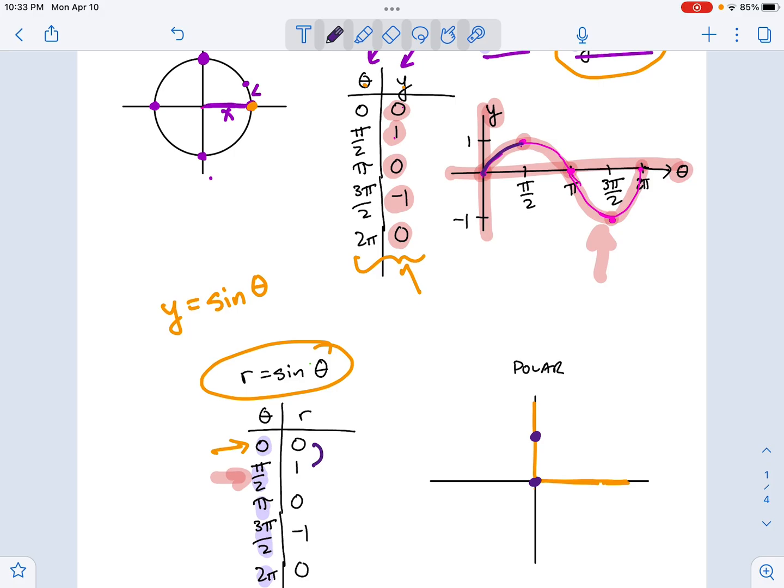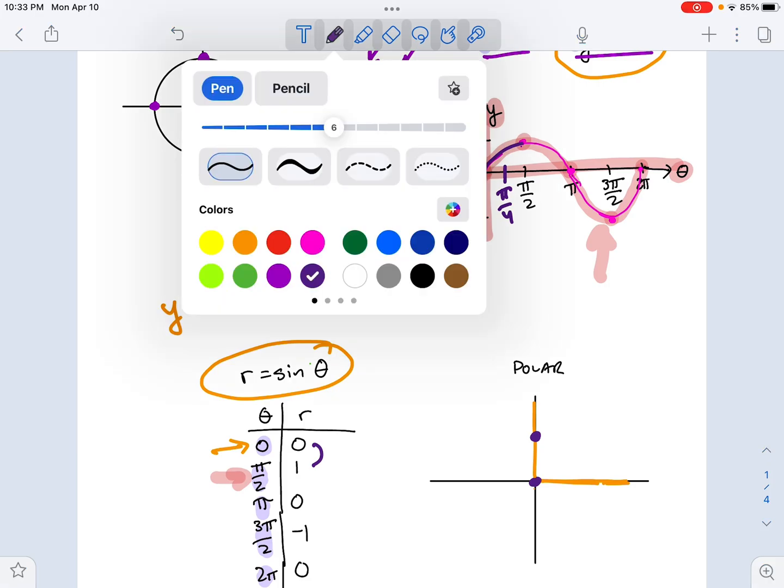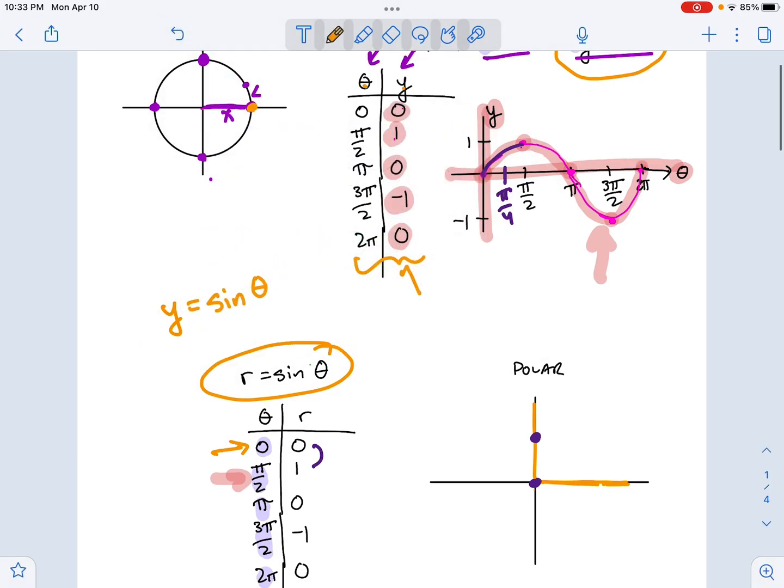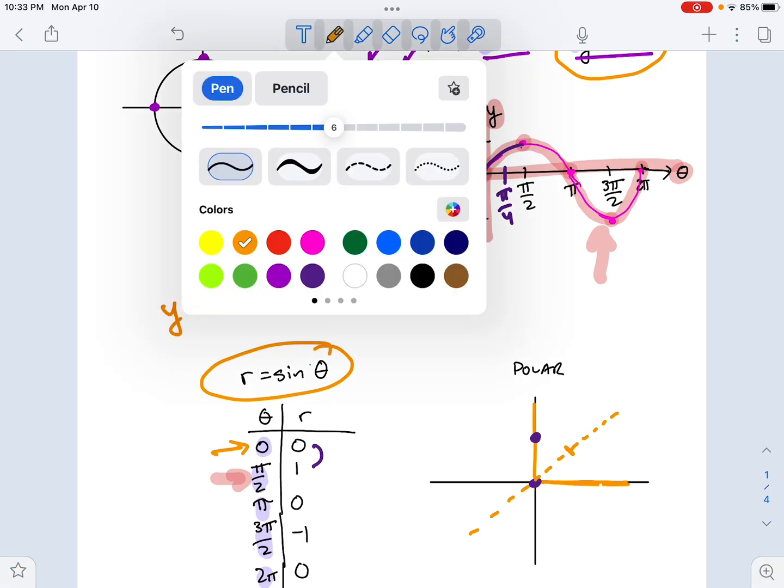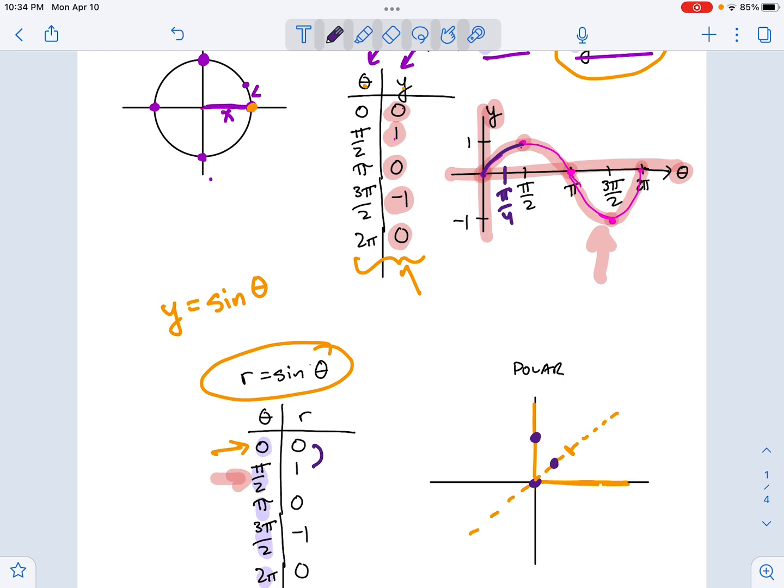So if you picked a point somewhere in the middle, let's say at pi over 4, that's our theta. It may not be exactly half, but it's somewhere between 0 and 1. So if this was our 1 value here, our point is going to be somewhere more like in here.